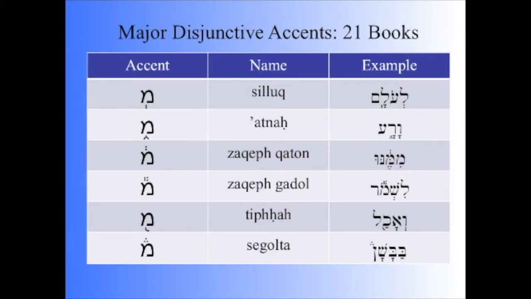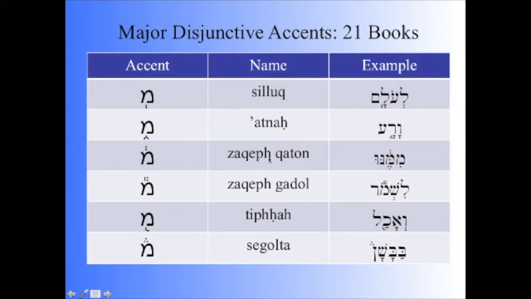So, in what they call the 21 books, these are the books of the Hebrew Bible except for Job, Psalms, and Proverbs, these are some major disjunctive accents. In other words, they mark a pause or the end of a series of words.